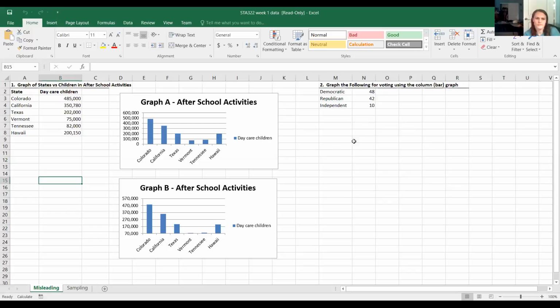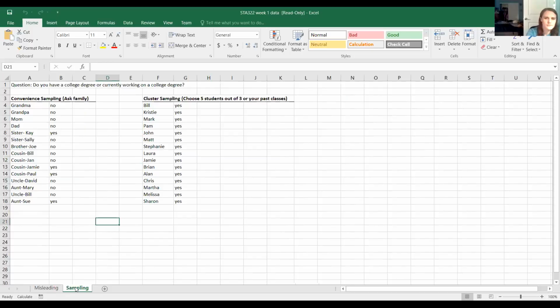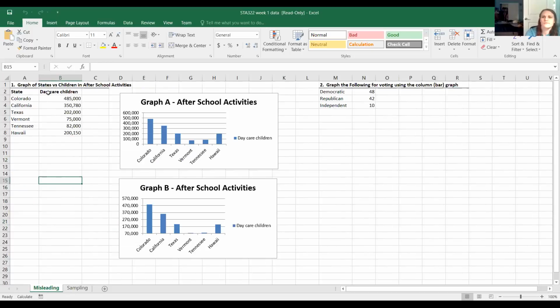Okay, so here's what the spreadsheet looks like. In this particular case, we have two pages or two sets of data. And this is what we're talking about in terms of the graph. What we're looking at here is the raw data.